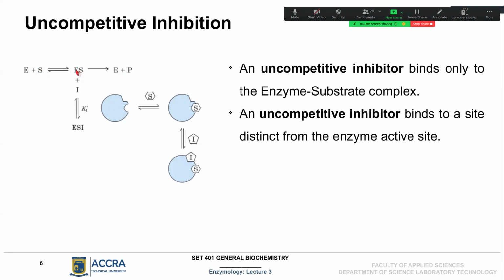But after you have an enzyme substrate complex formed, you can have an inhibitor binding to that enzyme substrate complex. This time, not to the active site, because of course the substrate is already bound to the active site of the enzyme, but the inhibitor binds to another site on the enzyme, generally referred to as the allosteric site of the enzyme.